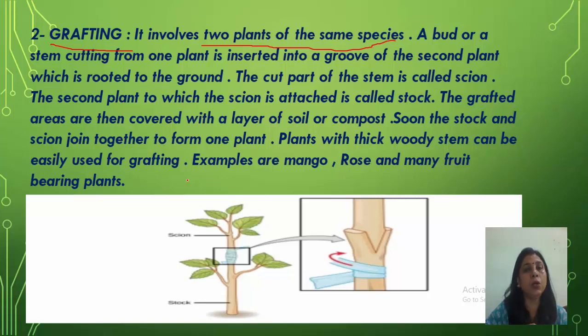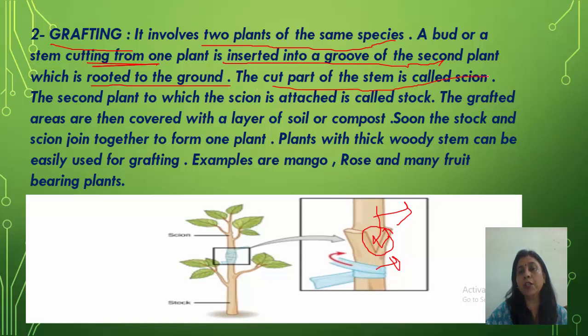We cut the above part of one plant and this stem cutting which we have taken is inserted into a groove of the second plant. You can see this is the first plant and this is the second plant, and this is having this groove. In this it is inserted and this second plant is rooted to the ground.